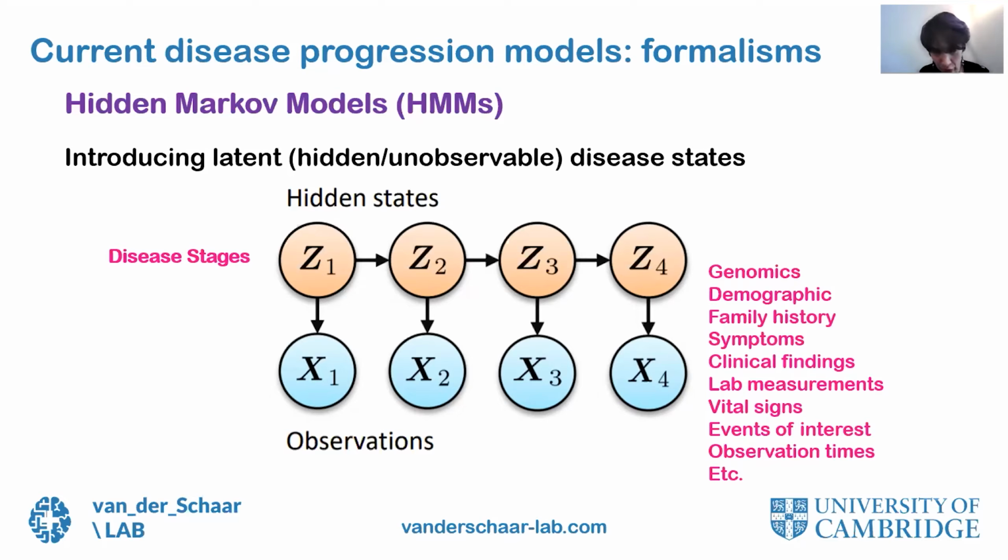And one advantage of doing that is that we move from the previous case where we use observable states to a more natural setting where the observations are made based on observables, such as genetic information, family history, symptoms, lab tests, vital signs. But the underlying hidden state of the patient is not known and needs to be inferred on the basis of these observations. And that is what we need to learn.